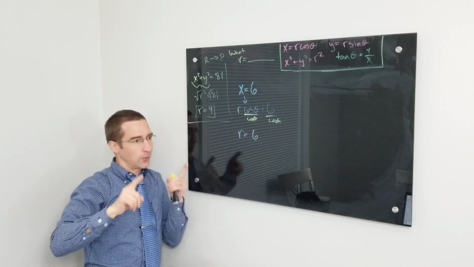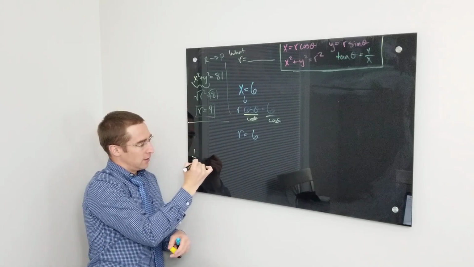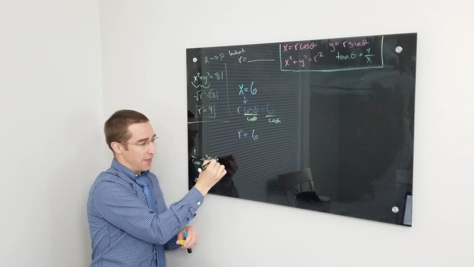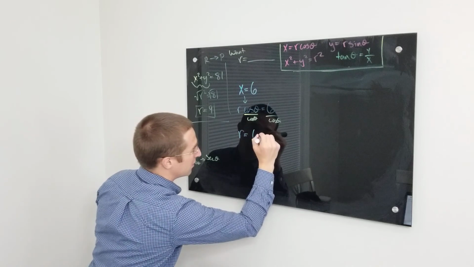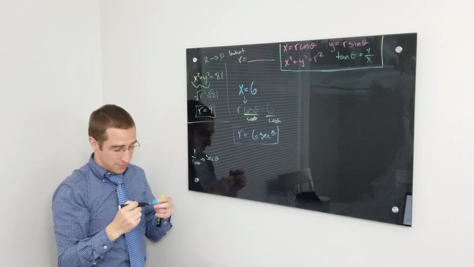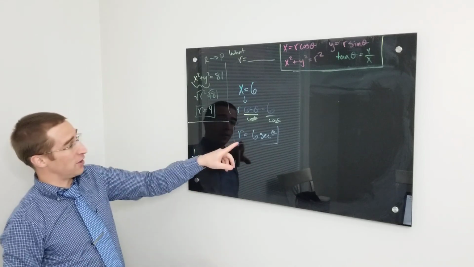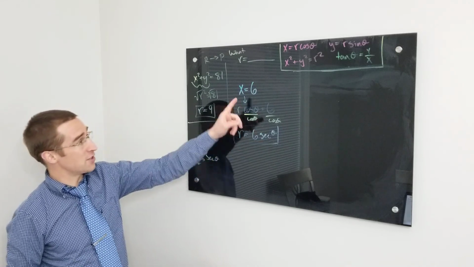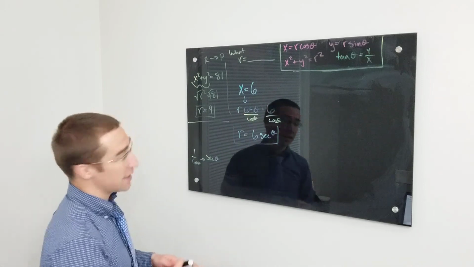Remember, think back. 1 over cosine theta is the same as secant theta, right? So here I can say this is 6 secant theta. And boom, that's the answer. Got it, cool. So this tells me if I have r equals number times secant theta, that's just x equals number. Hey, pretty cool.